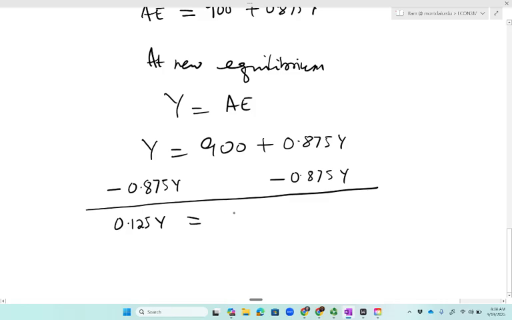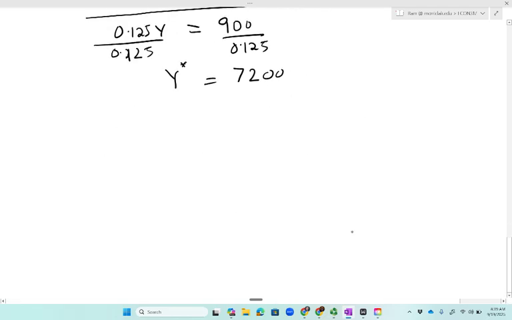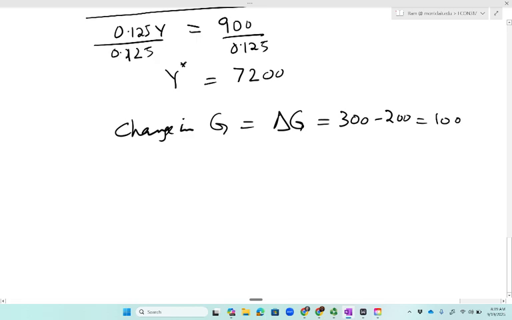This is the same as before, but the constant term on the right has gone up by $100. To find y, I will divide both sides by 0.125, and this gives me the new equilibrium to be $7,200. So if the government expenditure goes up by $100, the change in government expenditure, which I will denote as delta G, is 300 minus 200, which is 100.